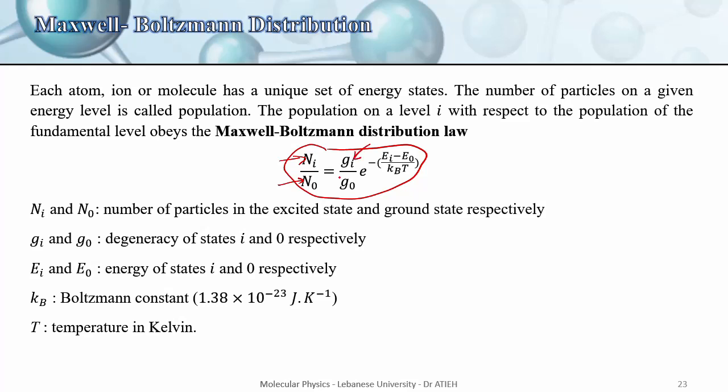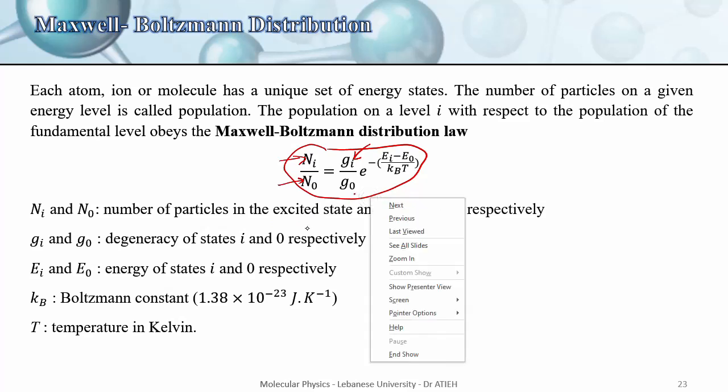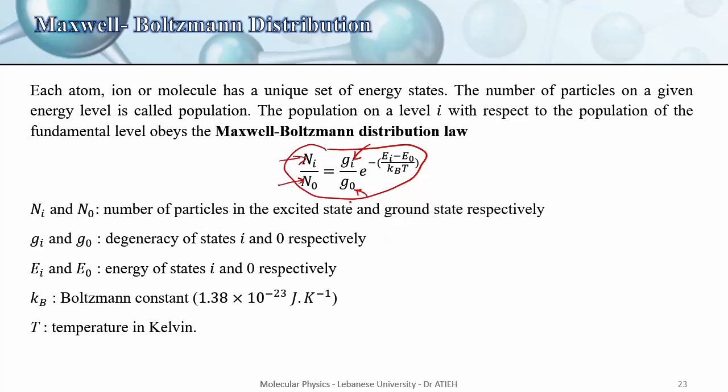Gi is the degeneracy of state i or level i, while G0 is the degeneracy of the ground state level. Ei is the energy of level i, and E0 is the energy of the ground level. kB is the Boltzmann constant, and T is the temperature in Kelvin.